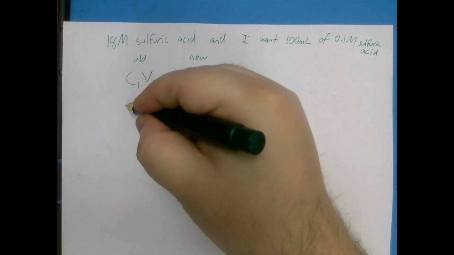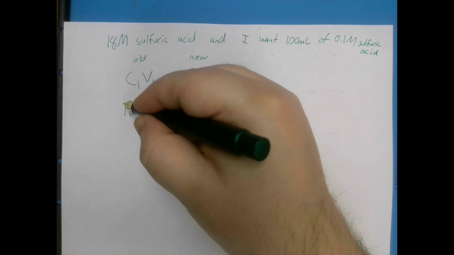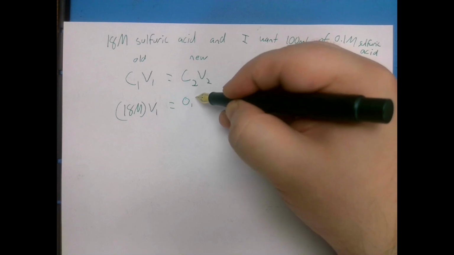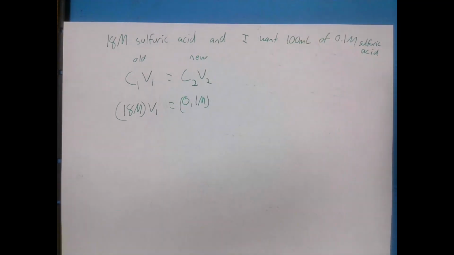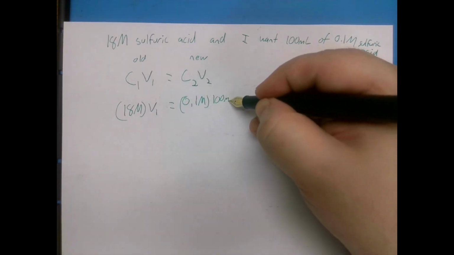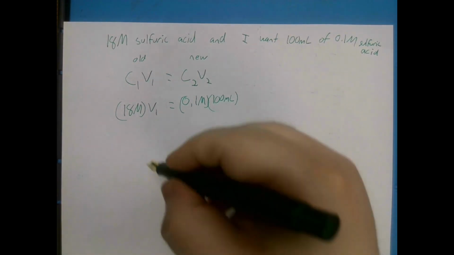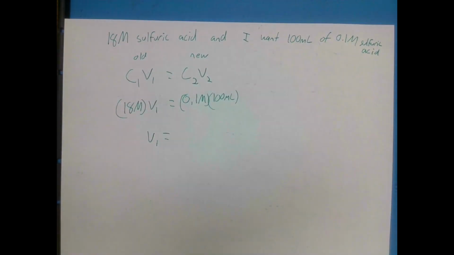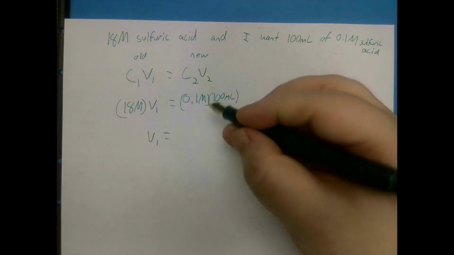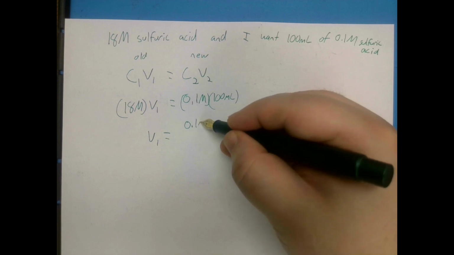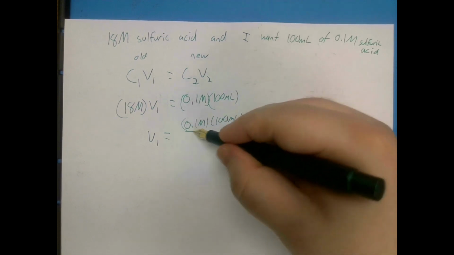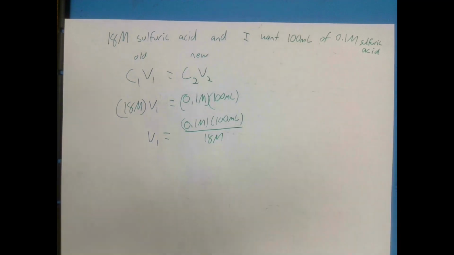I know my concentration is 18 molar. I want 0.1 molar, and I want 100 milliliters of it. So how much 18 molar sulfuric acid I would use would be 0.1 times 100 milliliters divided by 18 molar.